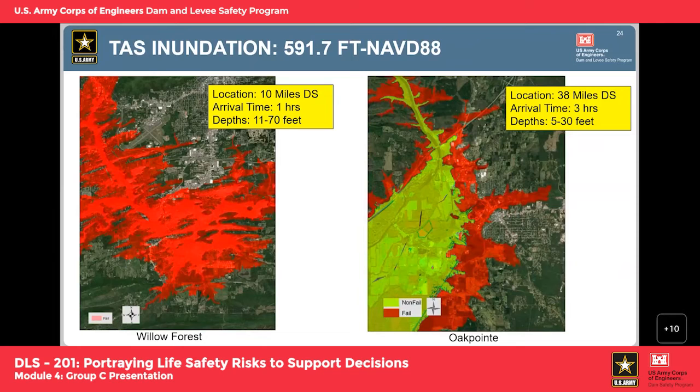And then at Oak Point, which is further downstream, 38 miles downstream of the dam, with an arrival time of 3 hours, those flood waves have attenuated a little bit, but are still very significant with upwards of 30 feet of depth there. So that's a general overview of the consequences.